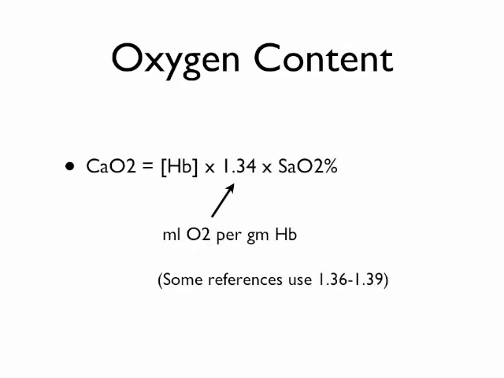So the oxygen content then is determined by the hemoglobin concentration and also by the amount of oxygen that hemoglobin combines. So that's 1.34 mils of oxygen per gram of hemoglobin. That figure varies a bit depending which book you look at, but about 1.3. And then also the saturation of the hemoglobin.